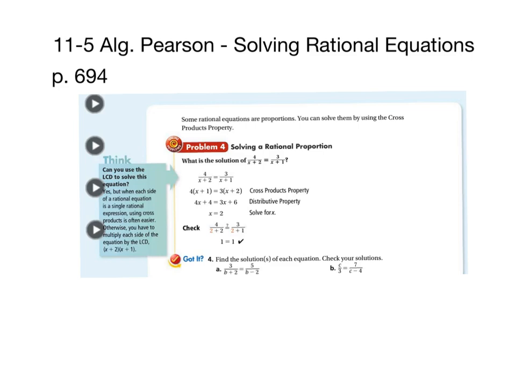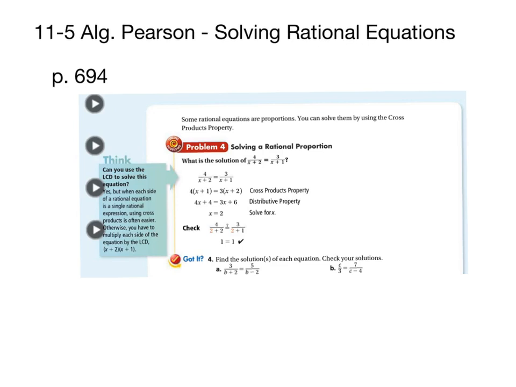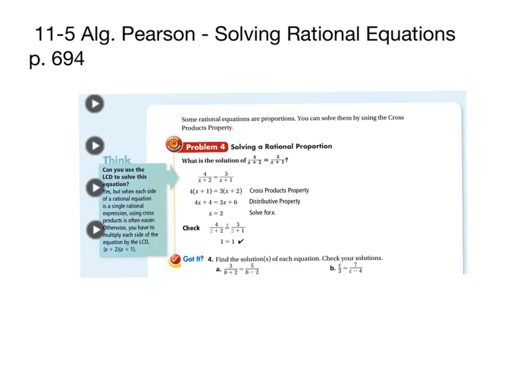Page 694, continuing section 11.5 on solving rational equations. If you look at problem 4, they are telling us that some rational equations are proportions, and you can solve them by using the cross products property. In other words, cross multiplying.